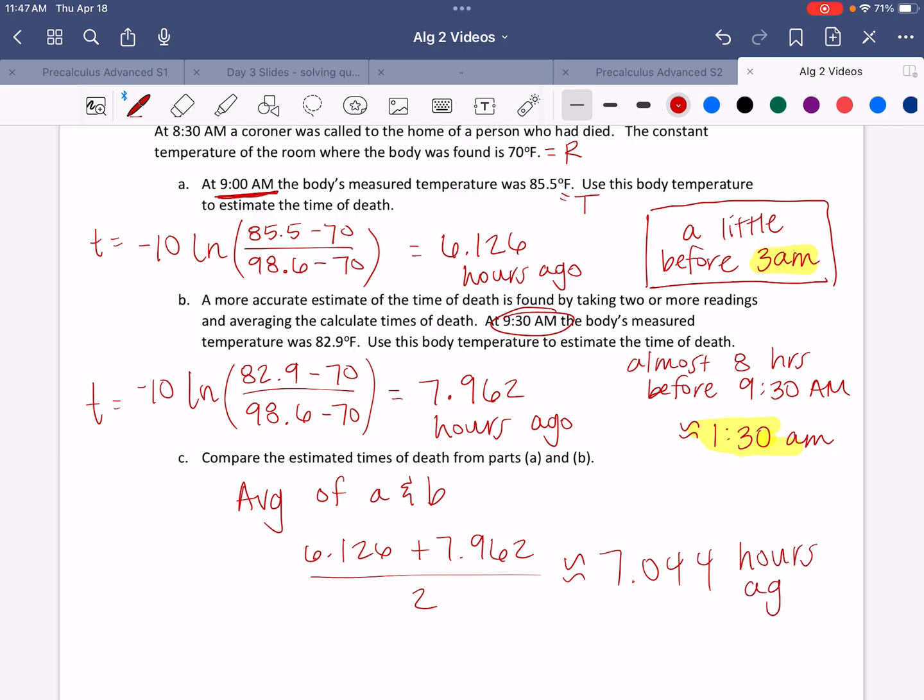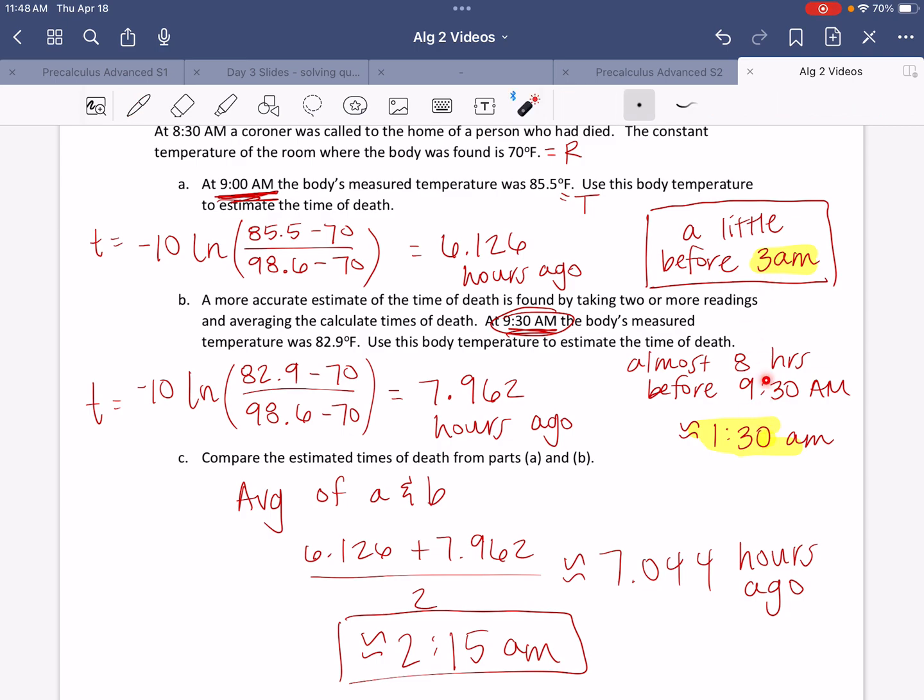So this is about 7 hours ago from their average measurement time of around 9:15. So again, this is just us taking this problem maybe a little more seriously than I should here, but about 2:15 a.m. would be our estimated time of death using the average of these two times that we found.